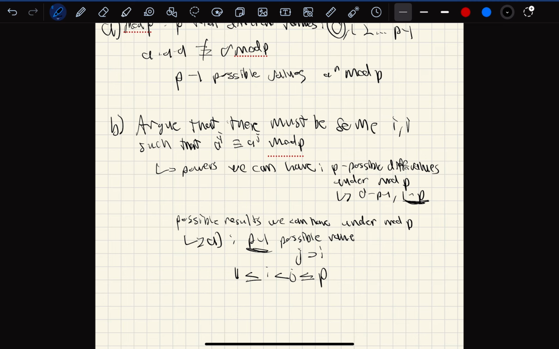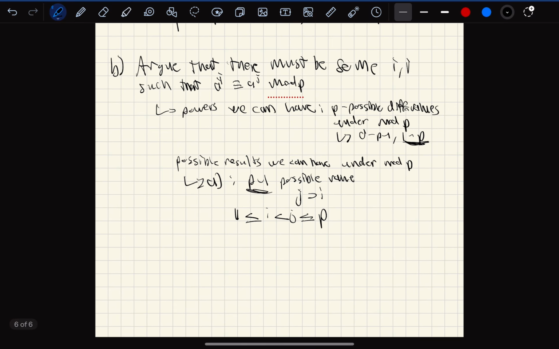Using the pigeonhole principle, we have shown that we have p possible values of powers and p minus 1 possible values of results. Therefore, one of those results has to be the same for two different powers, which is i and j.